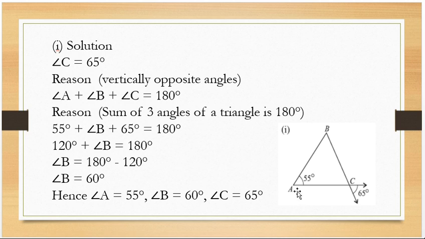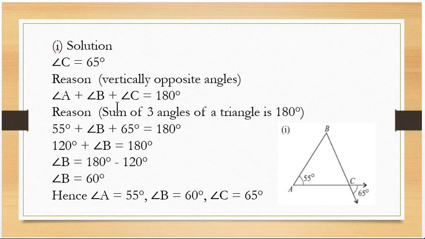Now you are observing that angle A is given to us, that is 55. C we have already found, that is 65. So we can easily find out angle B. How can we find it? Angle A plus angle B plus angle C is equal to 180. When we add the three angles of a triangle, the sum will be equal to 180.